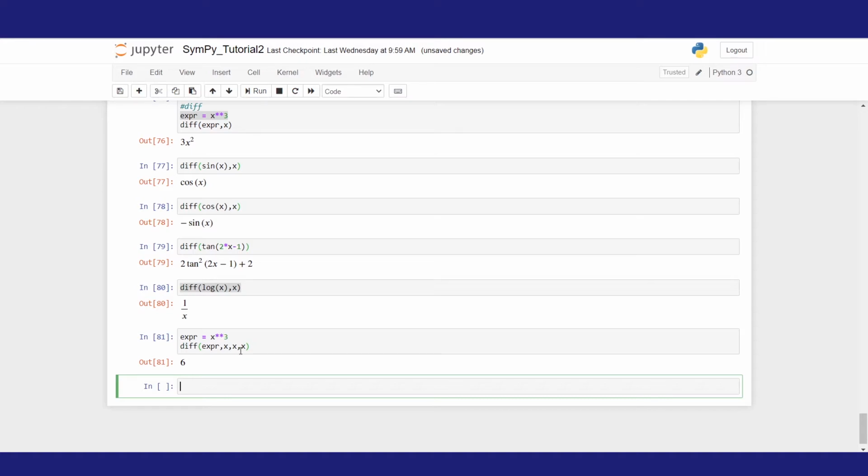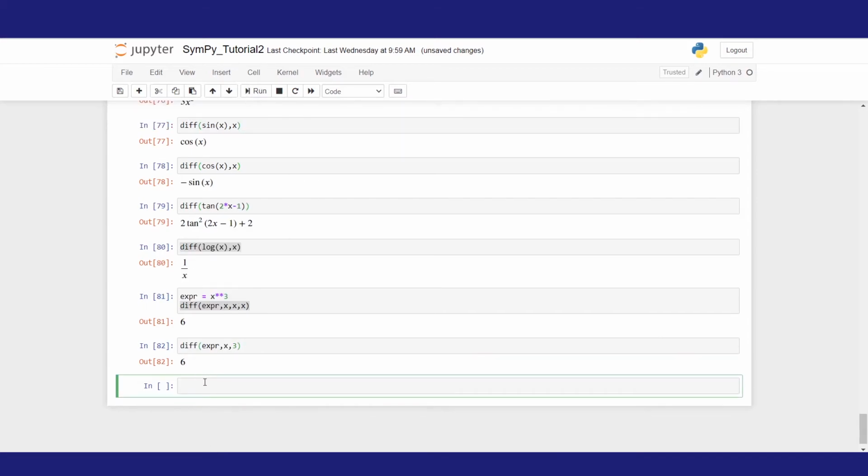Or you can replace this same situation with just the number of times you want to differentiate that function. Let's say just x. How many times you want to differentiate that? It's 3. Then if you run that, that will give you 6.